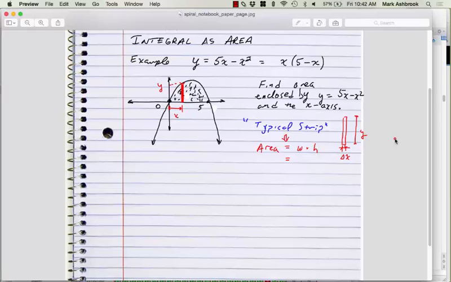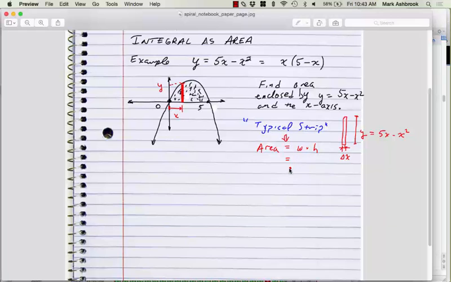So what is the y value in terms of x? What is that y in terms of x? No, it's 5x minus x squared. Yeah, so that's what y is. Y is 5x minus x squared. That's what Andre said before.